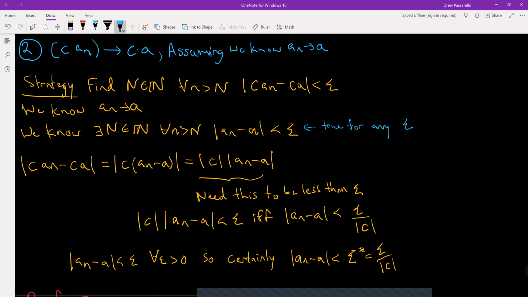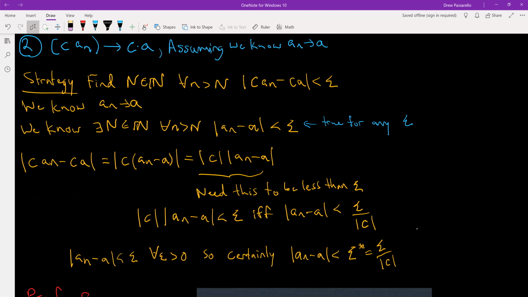Now notice we can manipulate the absolute value of C times a_n minus C times A to be the absolute value of C times the absolute value of a_n minus A. And we need the whole thing to be less than epsilon at the end. So how do we do that?